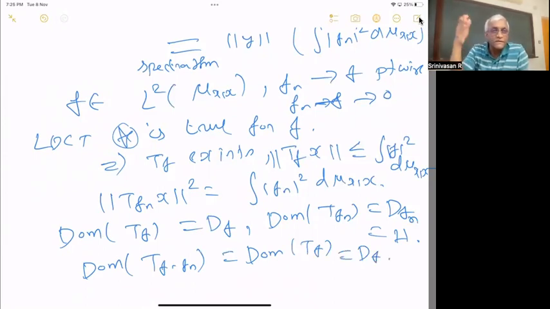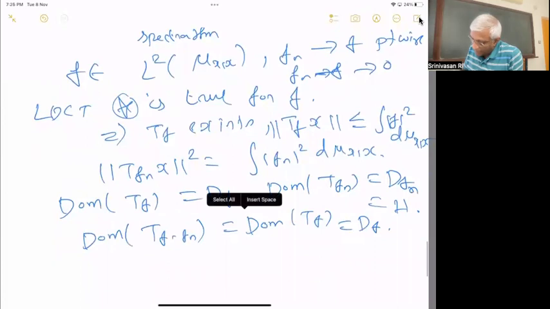So if something is in the domain of F, the domain of Fn is everything. So the domain of F minus Fn will be integrable for that x, right? It is clear, right? So these are equal.